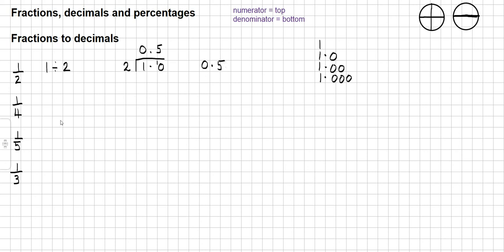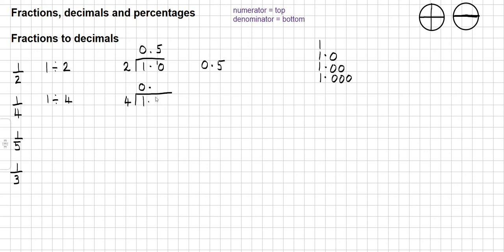Let's move on. So the next one we're going to look at is 1/4, which would be 1 divided by 4. Let's set it up using our bus stop. So 4 on the outside, 1 on the inside. 4's into 1 doesn't go wholly, so we're going to put a 0 there.